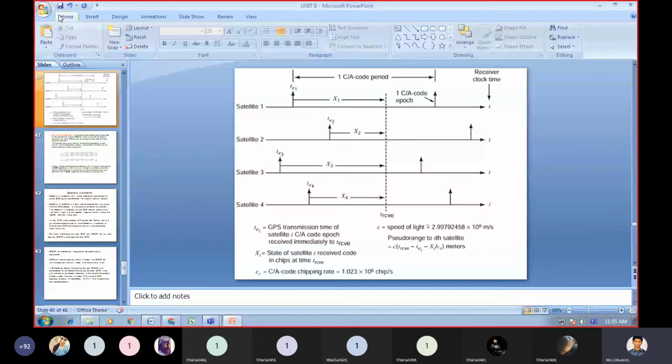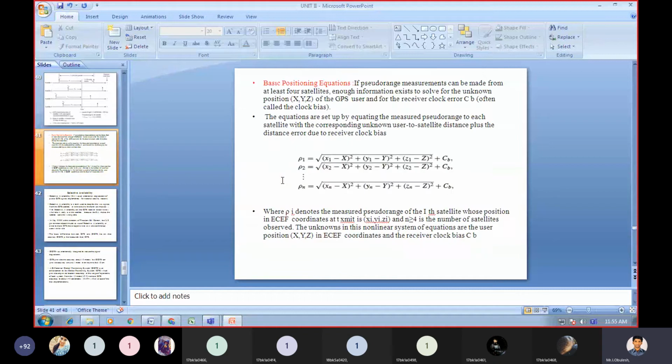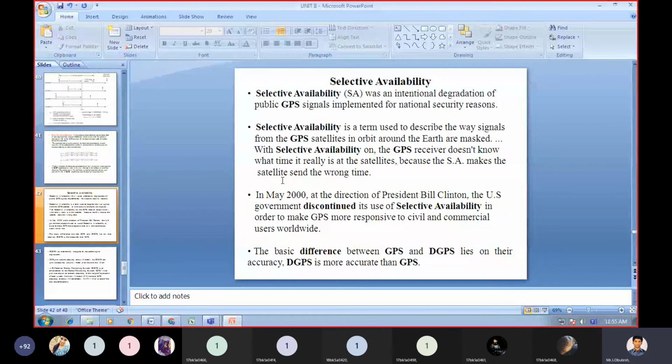Then we need to discuss selective availability. We have to remember this also. Selective availability was an intentional degradation of public GPS signals implemented for national security reasons. This SA is a term used to describe the way signals from the GPS satellites in orbit around the Earth are masked with selective availability on the GPS receiver.